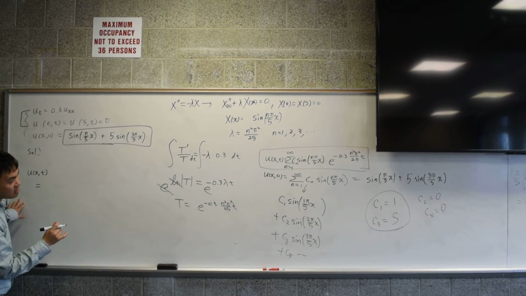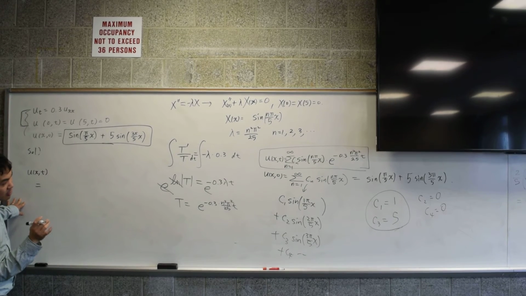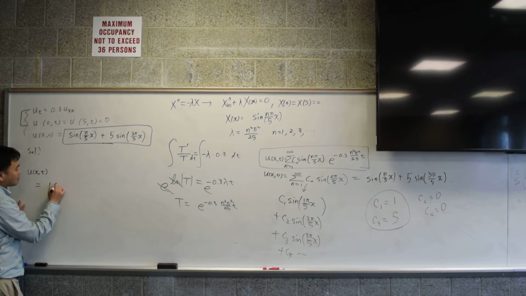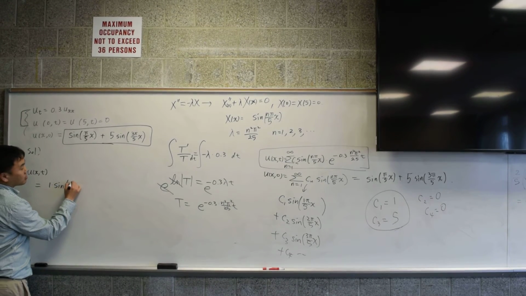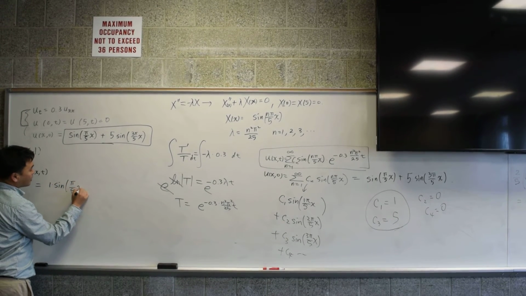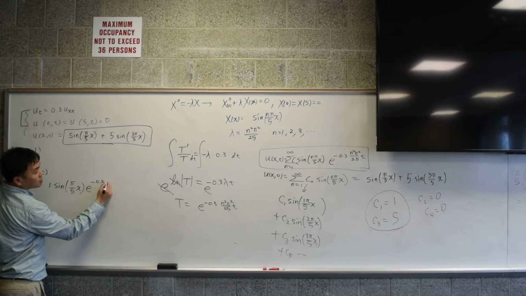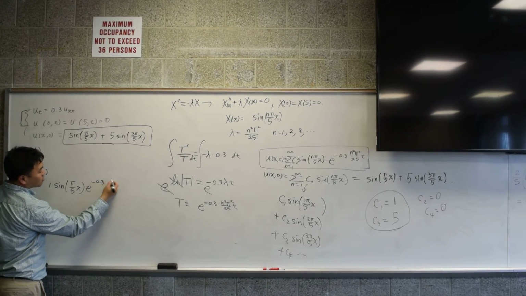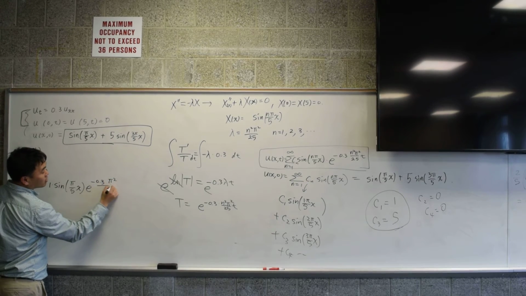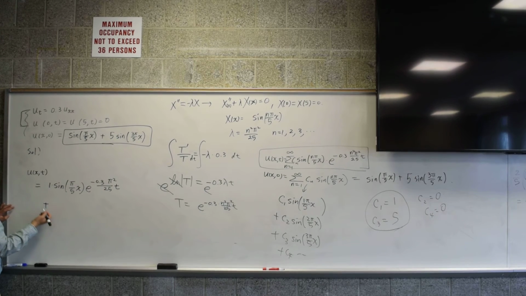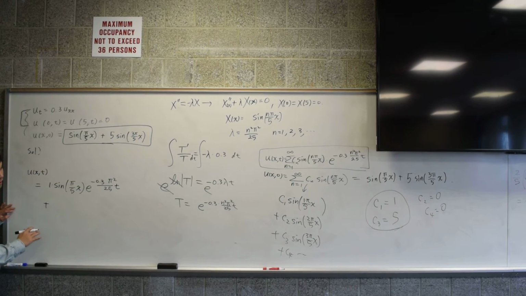One is when n equals 1, C1 is 1, so it's 1 times sine of pi over 5 x times e to the negative 0.3 times 1 squared is 1, so it's pi squared over 25 t, plus C2 is 0, so I don't write that.